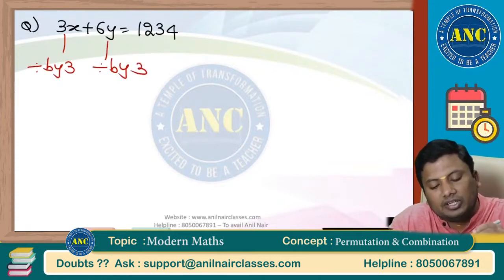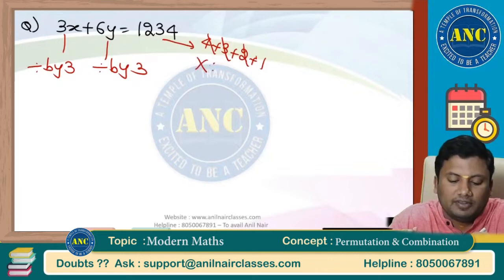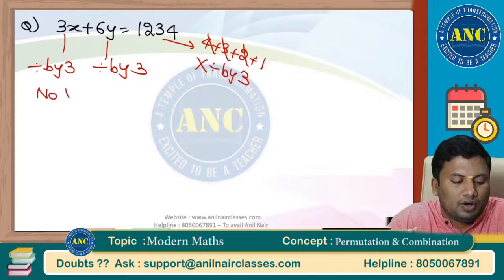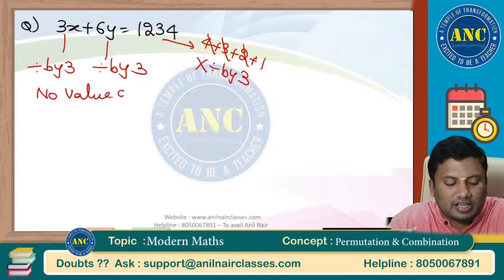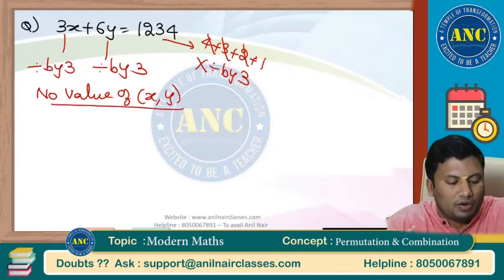Sum of the digits should be divisible by 3. Sum of the digits is 4 plus 3 plus 2 plus 1, which is 10, not divisible by 3. Answer is no integral value of x and y will satisfy the equation. I hope it is clear.